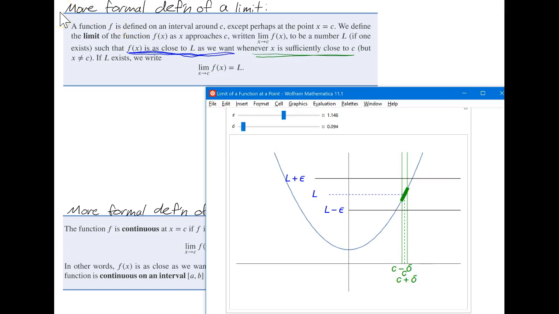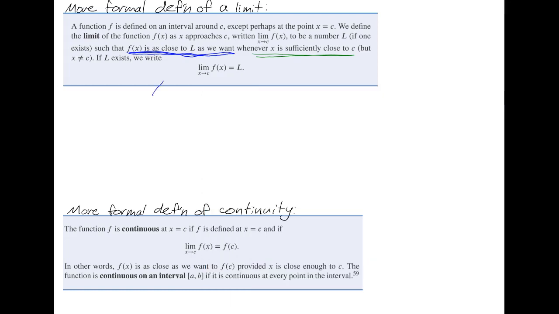Okay, let's look at what this definition of a limit means graphically here. When we say f of x is as close as we want, I'm going to call that epsilon here. So f of x is supposed to be within epsilon units of L whenever x is sufficiently close to c.